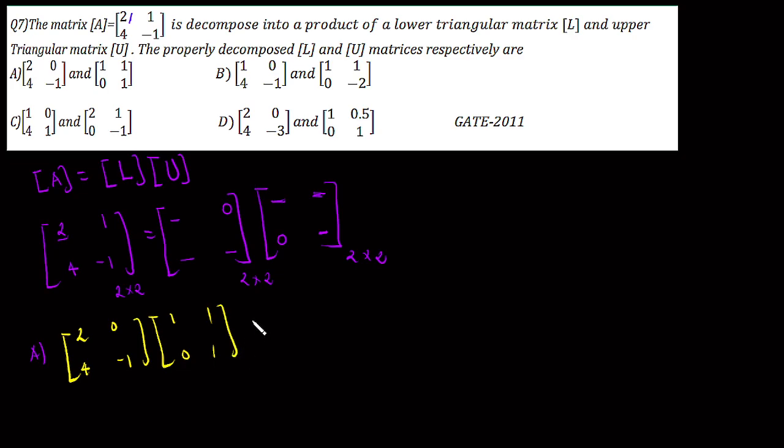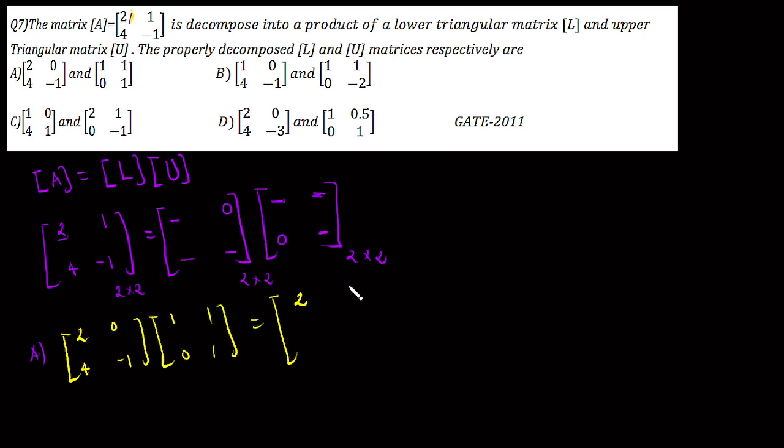So now let's do the multiplication and let's find this first entry. So this first row multiplied with this column. So here I am getting 2 here. So now you can see which is exactly the same as this entry here in the original matrix A. So yes, this first entry is the correct one. So now let's proceed for this next one. So let's multiply this first row with the second column.